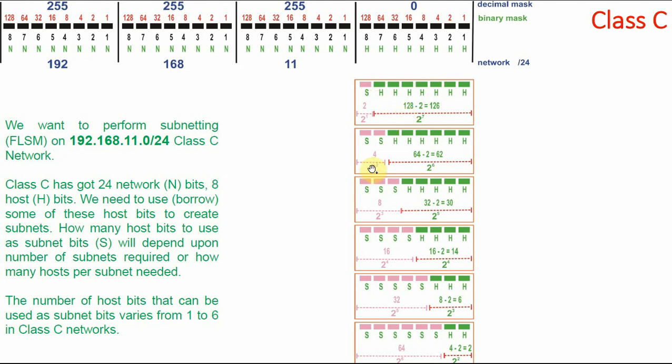Same way, if we want 4 subnets, or to put it another way, if we want up to 62 hosts per subnet, then we can use this scheme. That means we have to borrow 2 bits for the subnet. In this way we can do all the mathematics.